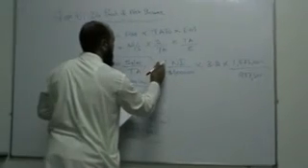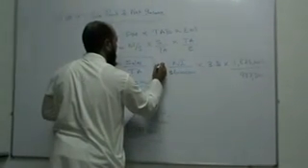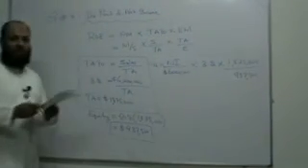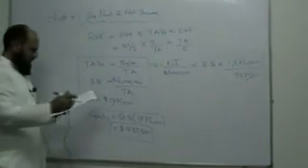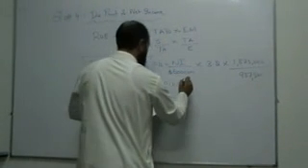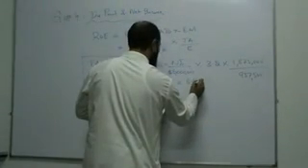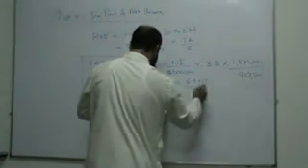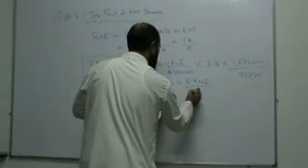ROE itself is given, which is 0.12. So now we can solve this equation. 0.12 is equal to 6.4 times net income, which we can find out, divided by 6 million.